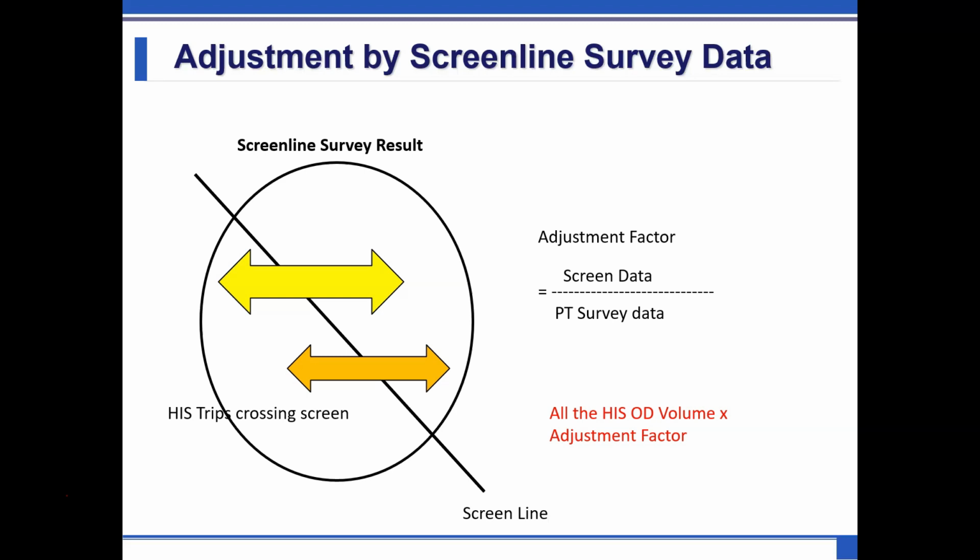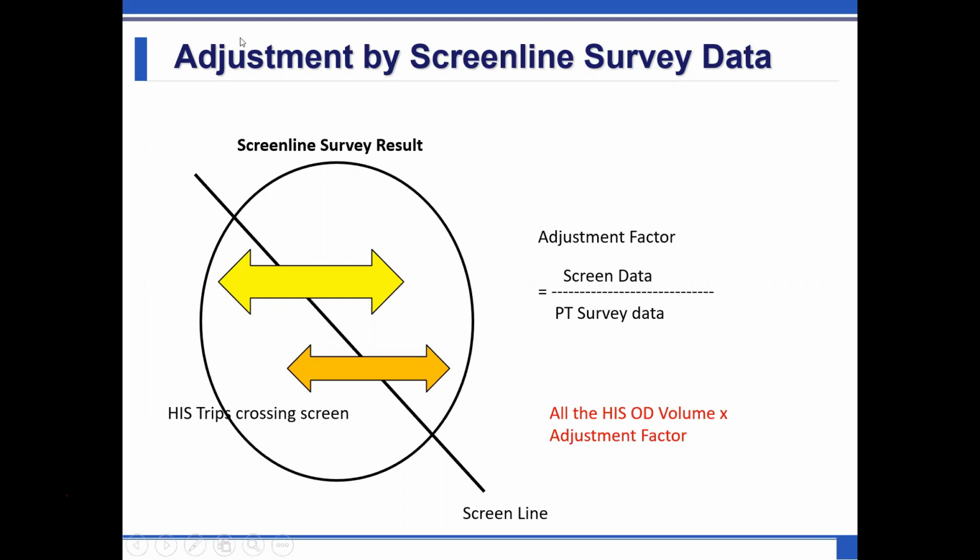As a result, the traffic congestion in the demand forecasting is less severe than the actual condition. So that's why the screen line adjustment survey and the calibration are necessary.